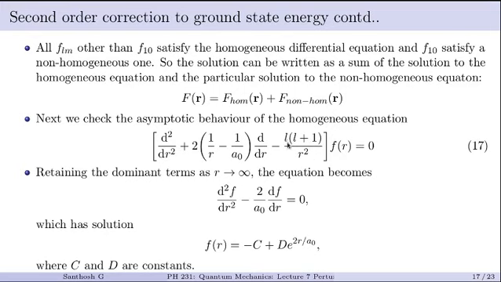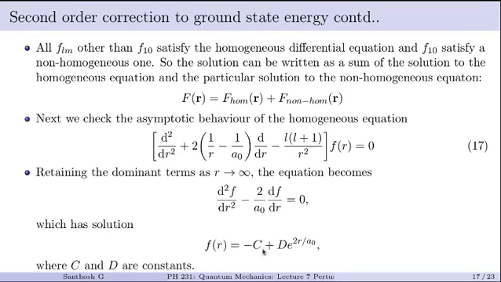If L is equal to 0, the numerator itself will be 0, and therefore this will not be affected. However, when L is not equal to 0, this term diverges at r equal to 0, and therefore we cannot have the solution f equal to a constant for any L other than L equal to 0.